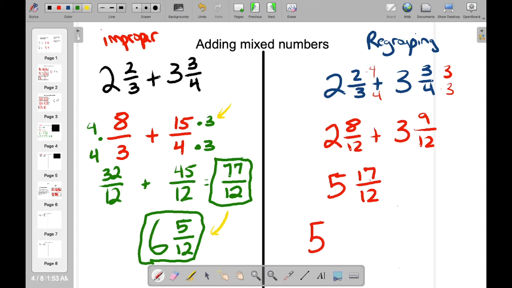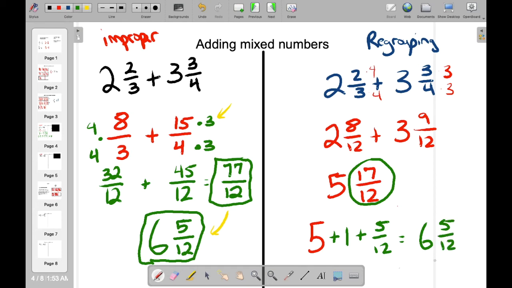Then 17 twelfths has to be split up. I can pull out 12 twelfths and create one whole number. And then I can have the leftover 5 twelfths that didn't become the whole number. I just combine what I have.